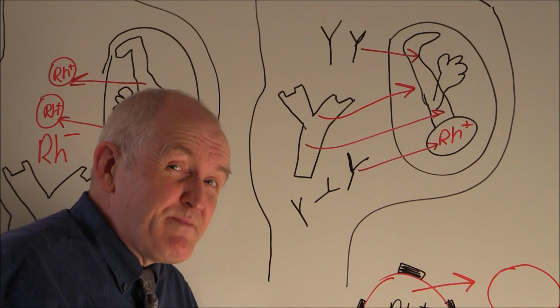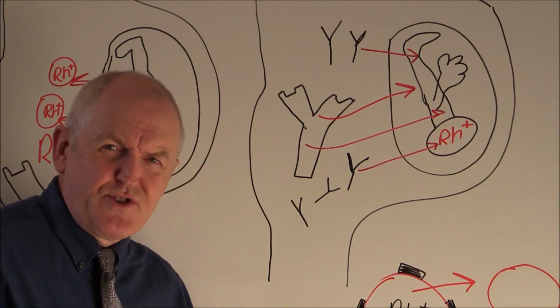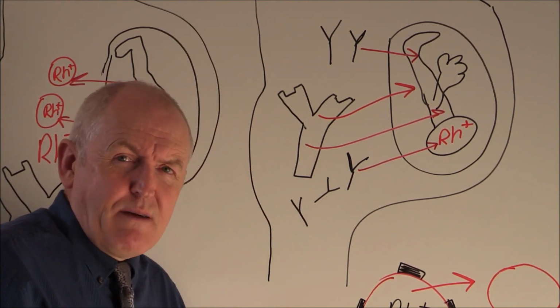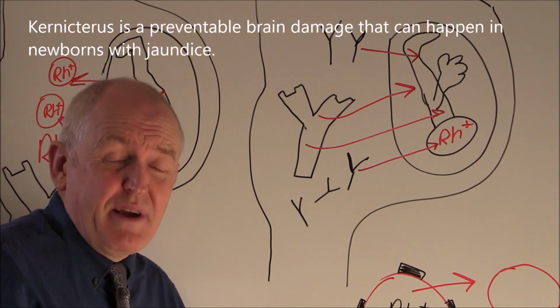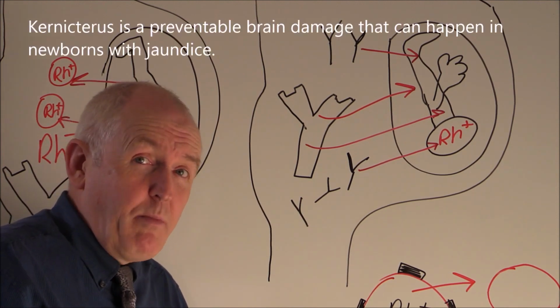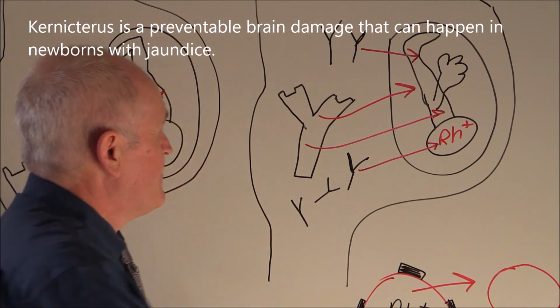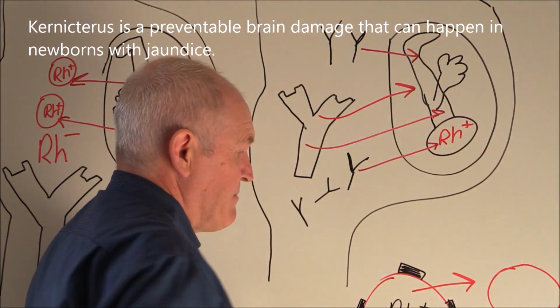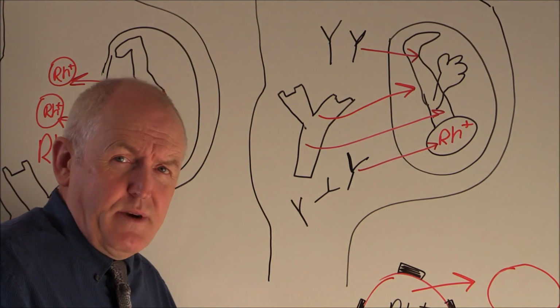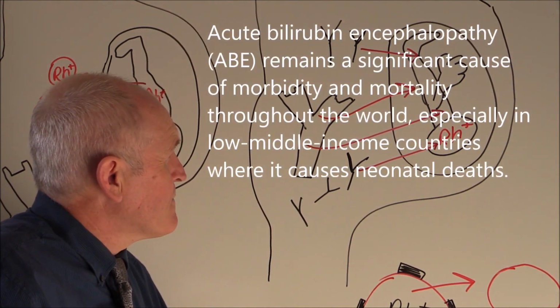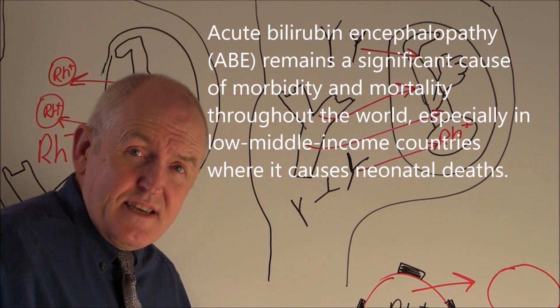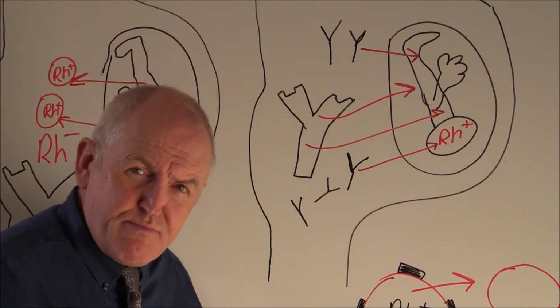And the bilirubin is particularly toxic for neurological tissue, so it's going to damage brain development. And this is kernicterus or bilirubin encephalopathy. So the brain of the fetus won't develop properly because of the deposition of bilirubin in bilirubin encephalopathy.